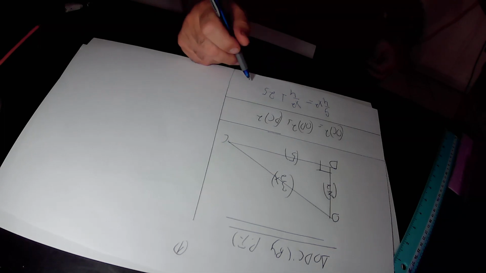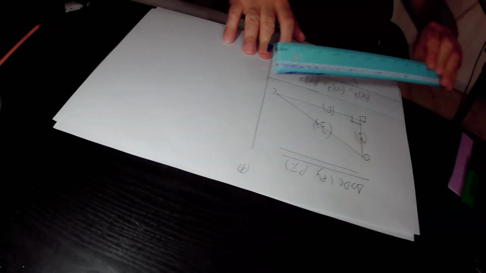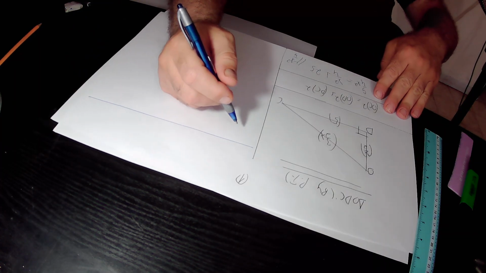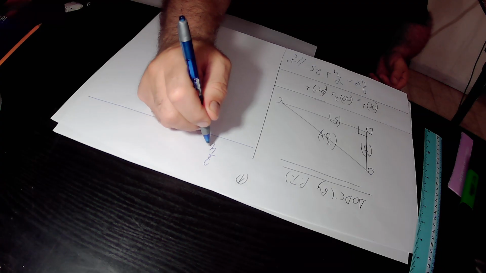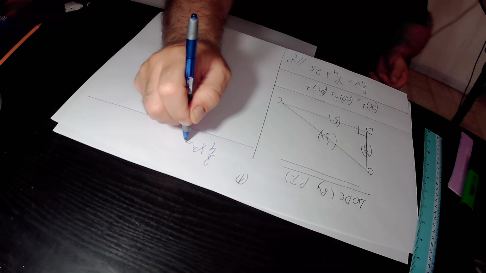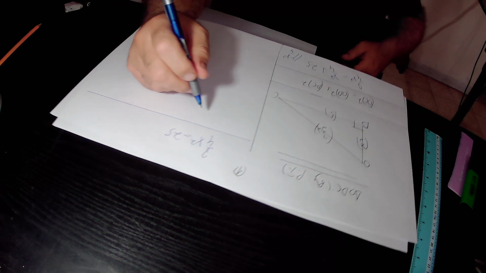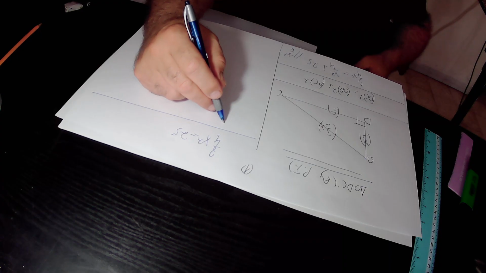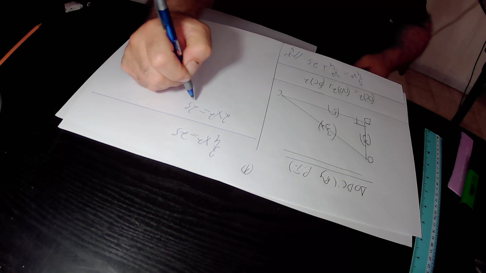Here we subtract x squared over 4 from this equation, and we get that 9/4 x squared minus 1/4 x squared equals to 8/4 x squared, and it is equals to 25. 8 over 4 is 2, so in total this expression equals to 2x squared equals to 25.